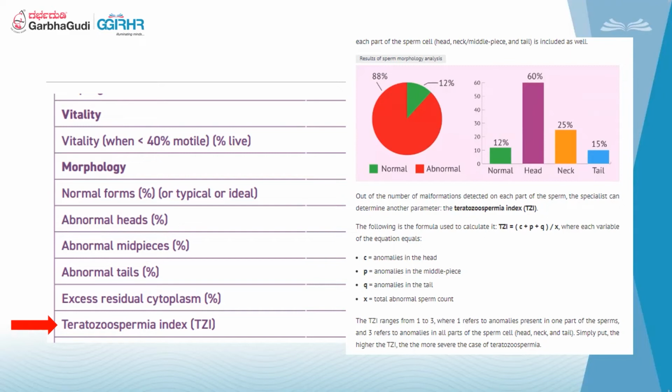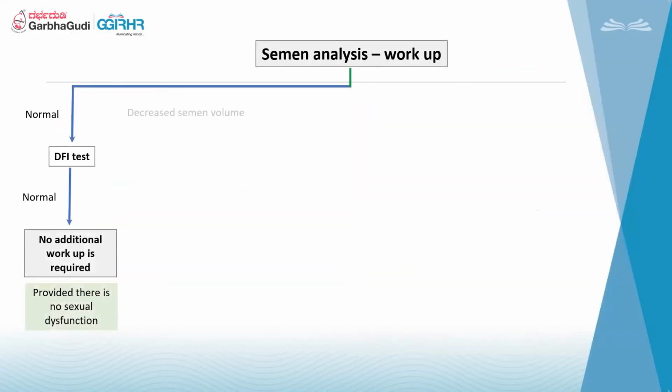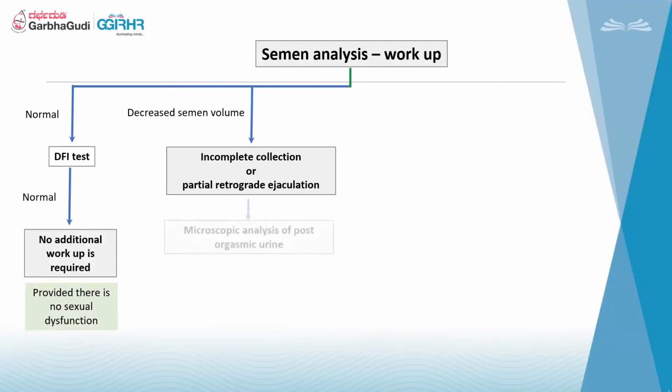So that is defined as TZI, and maybe the TZI is low, maybe 1, it is a better quality, rather than a TZI which is 3 or more. So that could mean higher defects seen in each sperm. So when all these reports have been assessed, here we have the semen analysis workup.